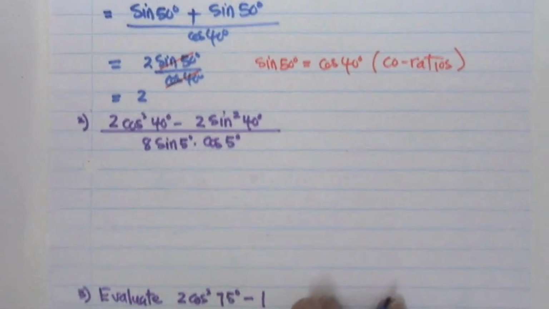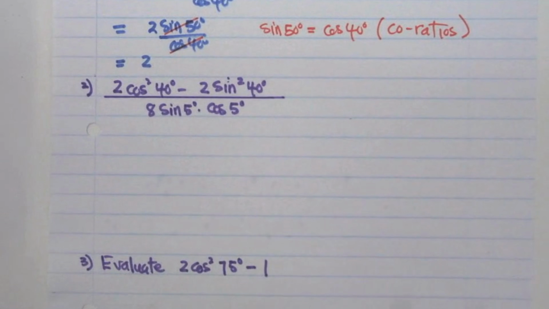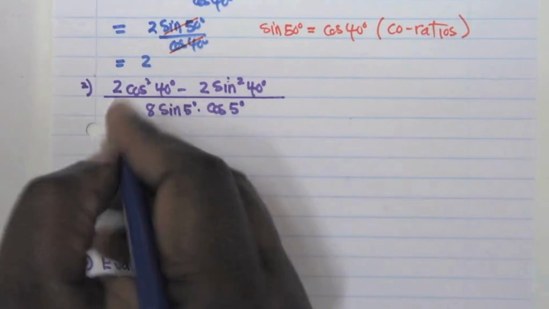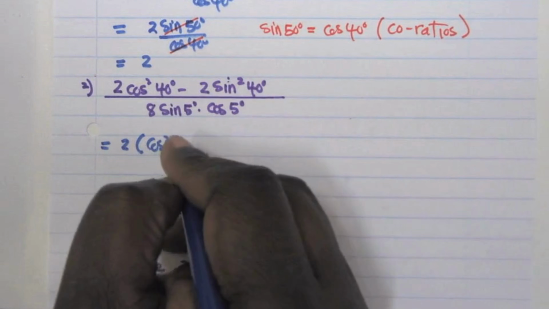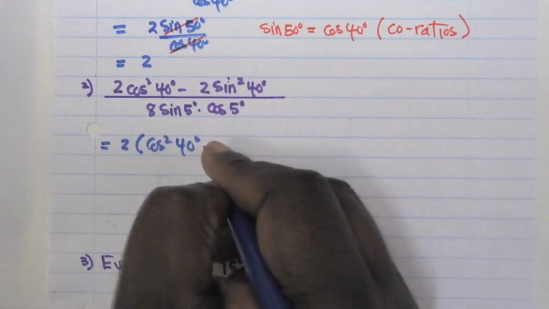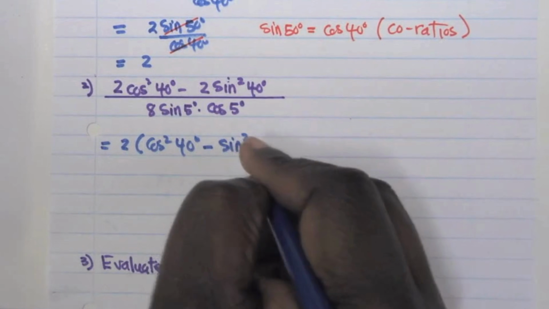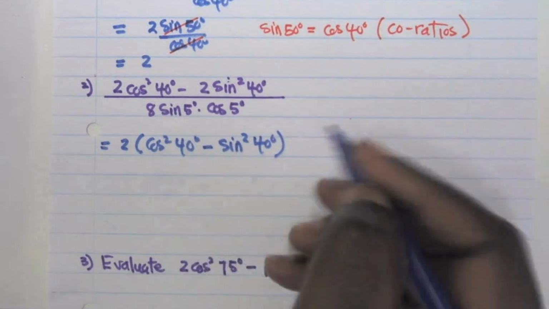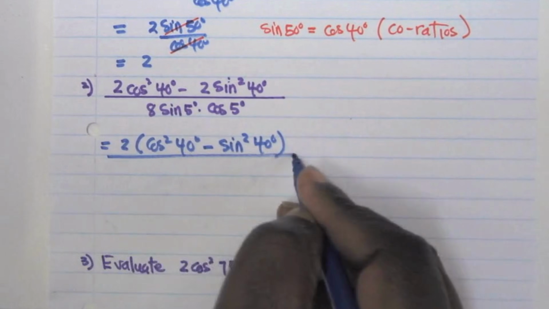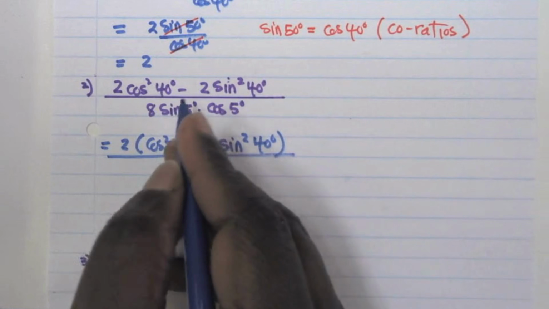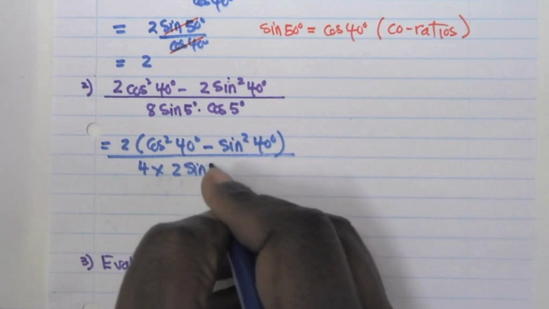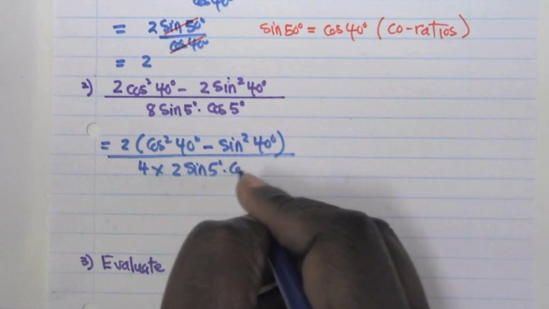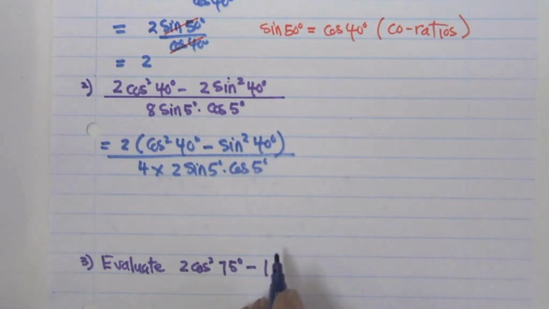If I move on to the next question here, I can take out a common factor, 2, and at the bottom here, I can say 4 times 2 sine of 5 degrees cos of 5 degrees.